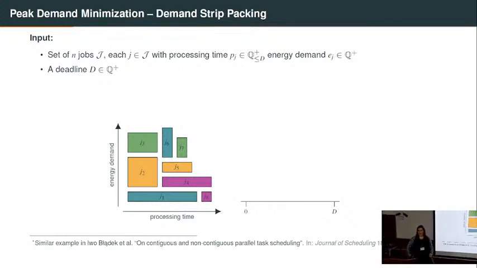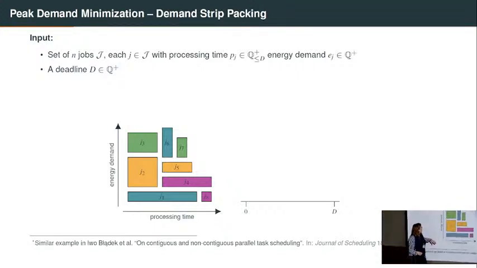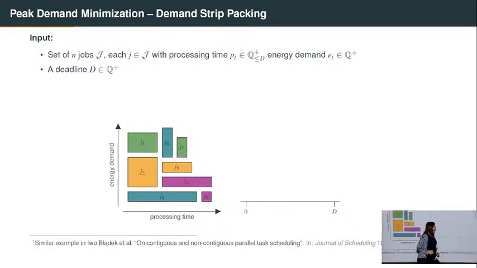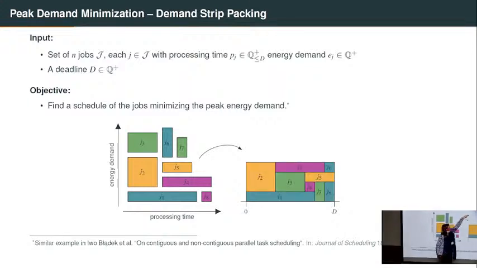So the problem we study is the following. We are given a set of jobs, and they have a processing time, and they require some energy. We want to schedule all these jobs until a certain deadline, D. And we want to minimize the maximum energy demand the jobs have at some point.